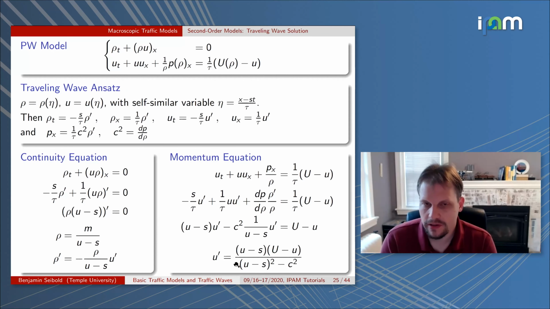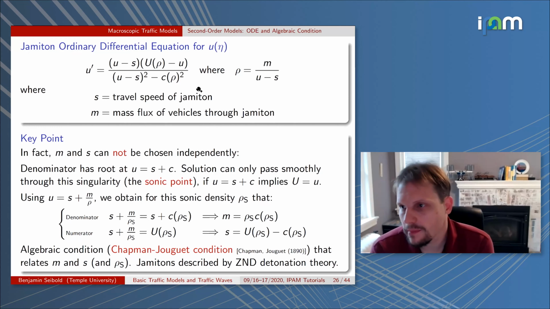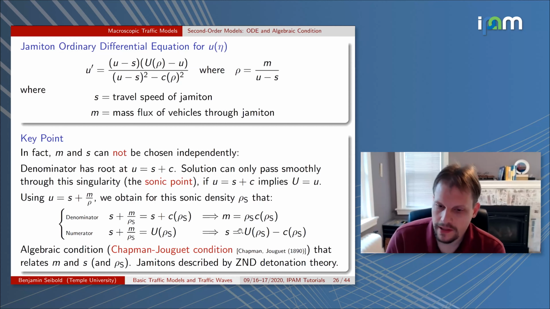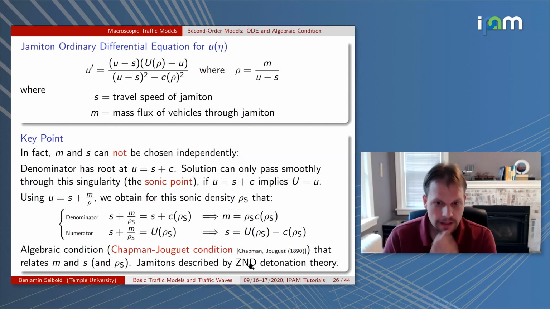That is called the Jammeton ODE, and that is a procedure and an equation that resembles extremely closely what is actually known in detonation theory, called ZND, Zeldovich von Neumann-Döring theory. And many of these techniques that are well known in that community can actually be borrowed to understand these traveling wave solutions.